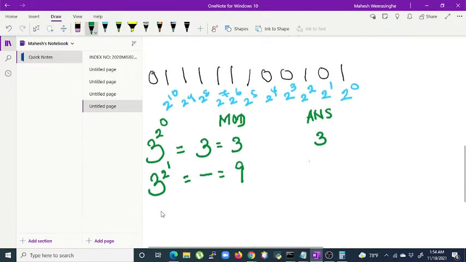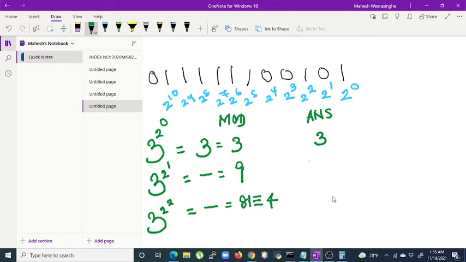So then 3 to the power 2 to the power 2. Here I'm going to put it empty, and I'm going to square this value. It's 81. Now I can show you the importance of squaring the mod value instead of the actual value. Here 81 is congruent to, when I divide 81 by 11, it's 77, and the remainder is 4.